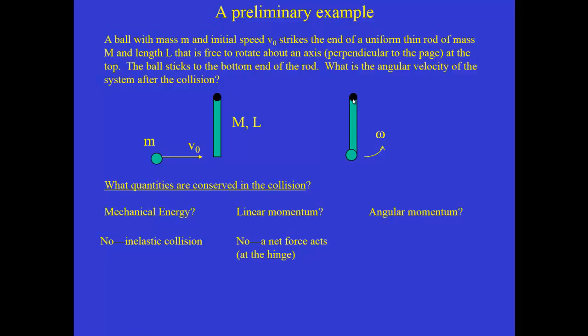And so they do not give a net torque. Even though there is a net force, the net force passes through the axis. And so there's no net torque, and angular momentum is conserved. And as a result, we have discovered the tool that will allow us to analyze this collision and answer the question, how fast is the rotational velocity immediately after the collision.